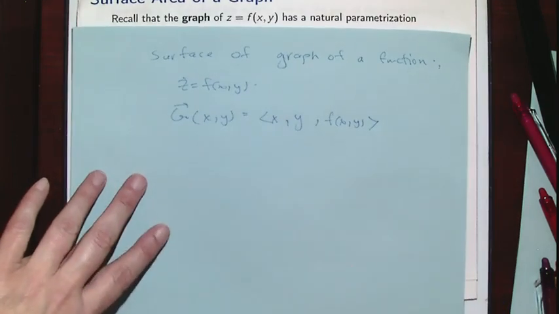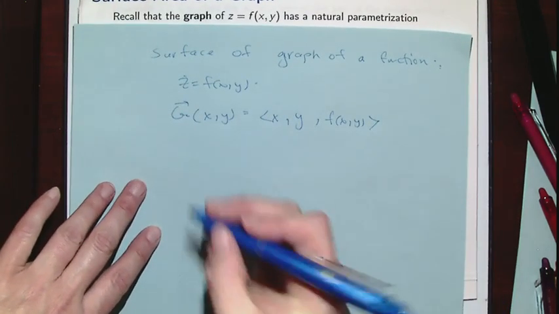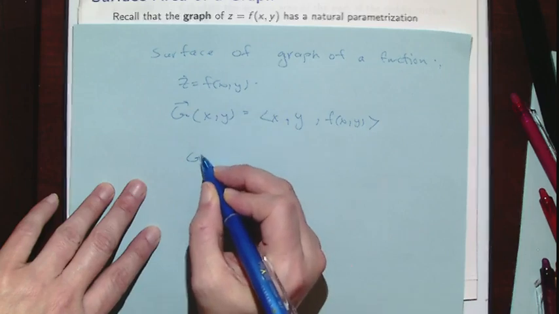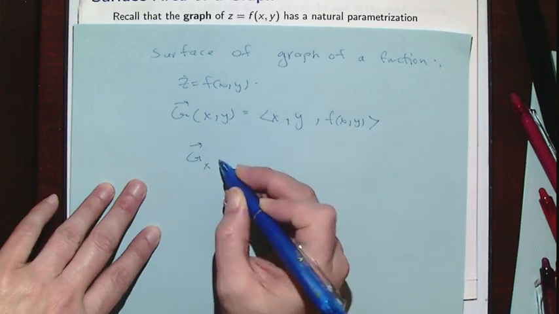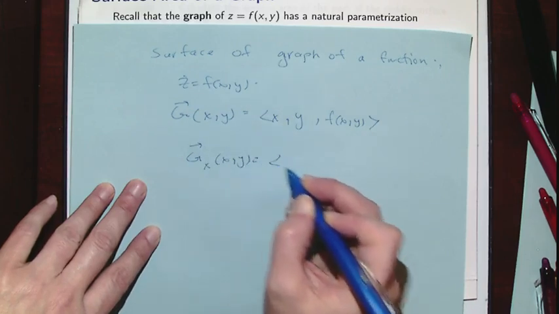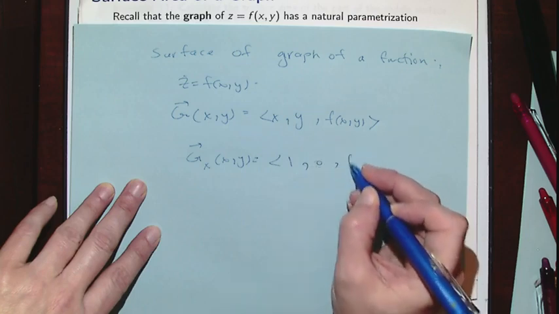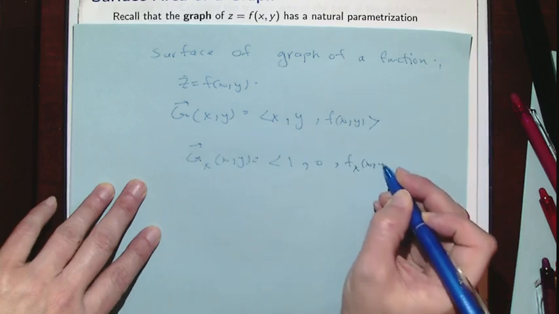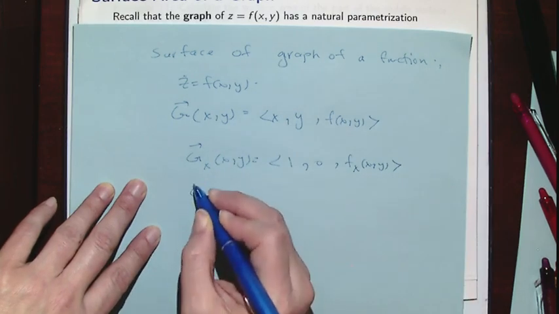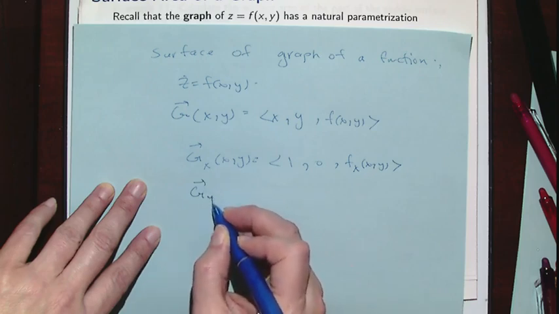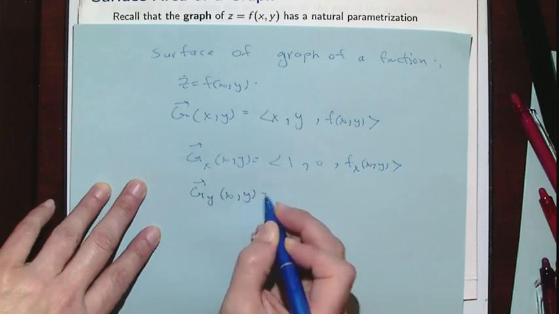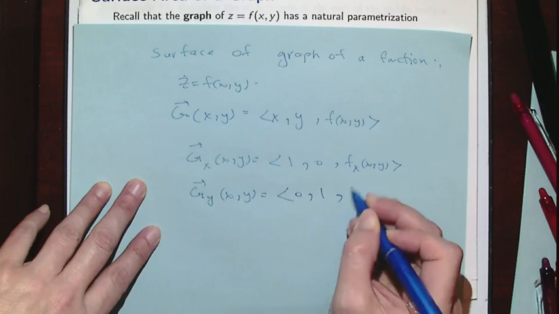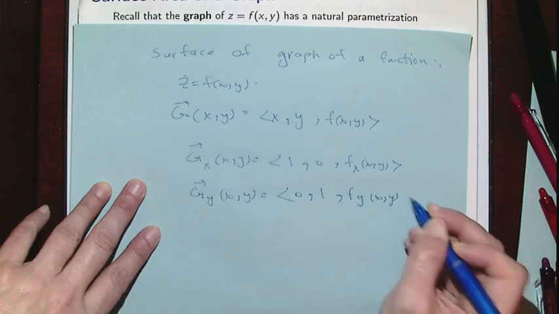Now, according to this story, I need to find g sub u, which is 1, 0, f sub x of x and y. And then g sub v, which is y, which is 0, 1, f sub y of x and y.